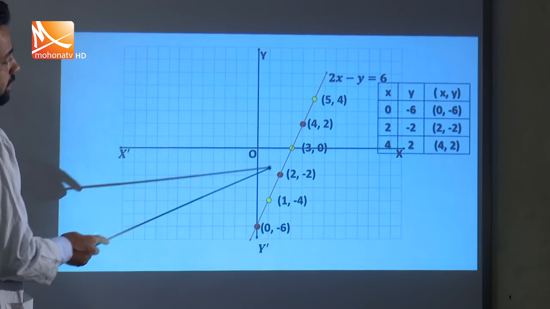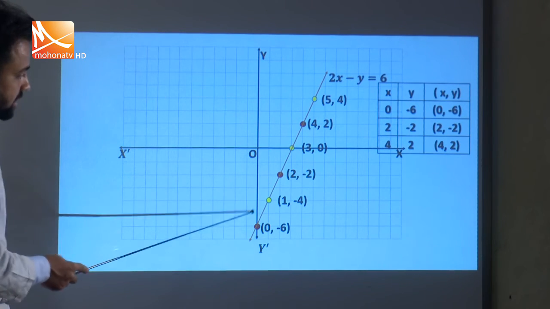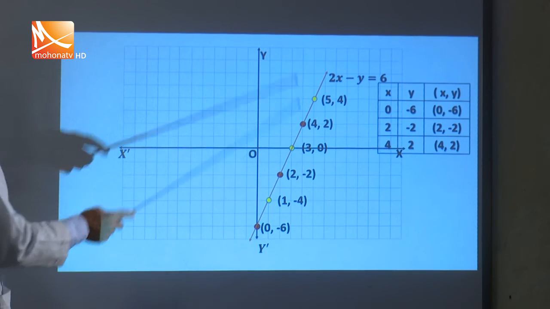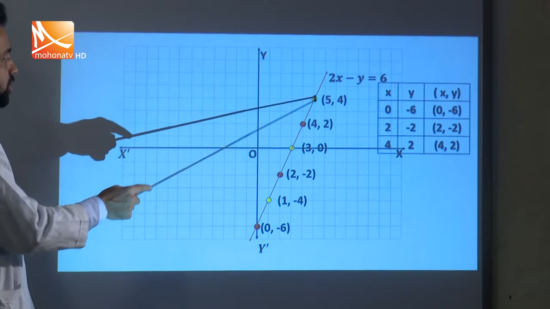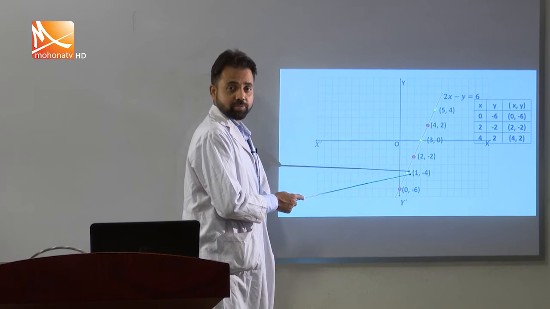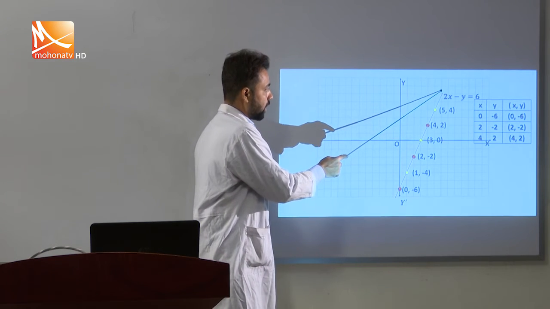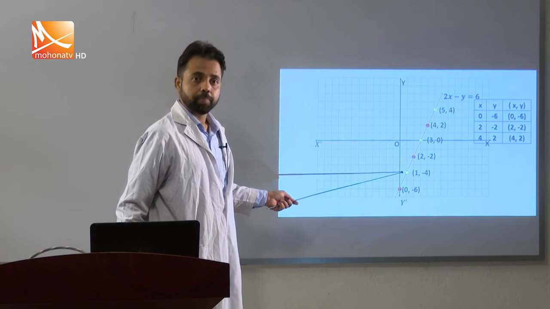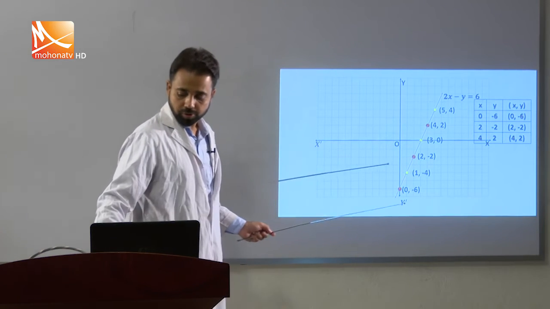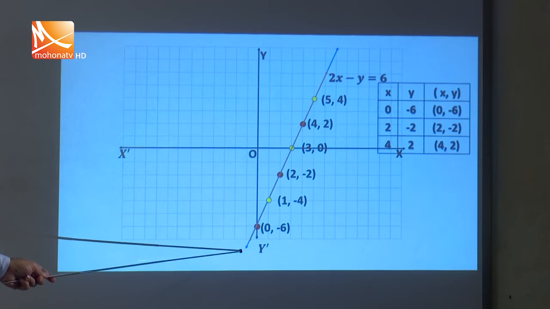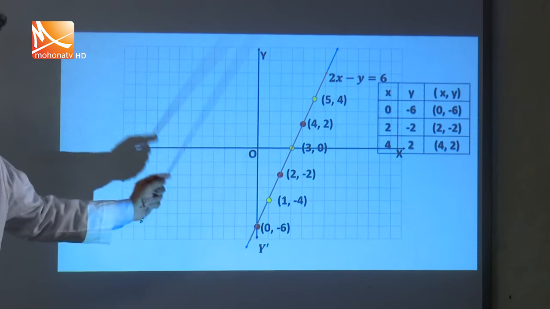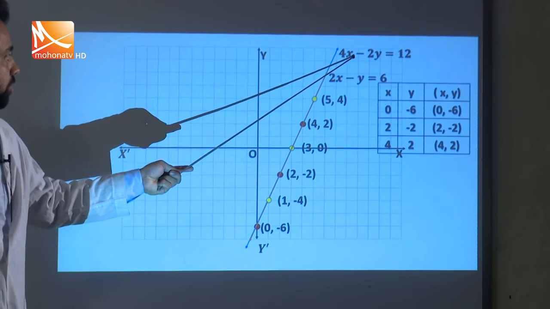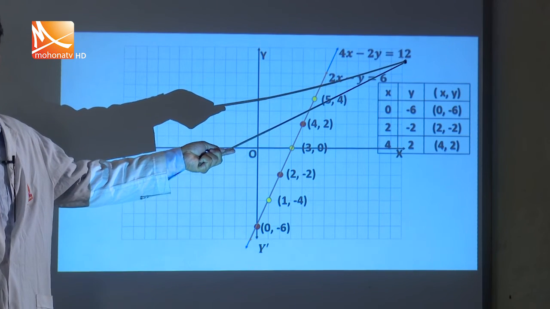If we plot the points of the second set, we will find the points also on the same straight line. These points are the points of the second set. Observe carefully, the points of the second set are also situated on the same straight line. If we connect the points of the second set, we will get this blue straight line, which goes on the same previous line. This is the equation 4x minus 2y equal to 12. The red straight line is the equation 2x minus y equal to 6, and the blue line is the equation 4x minus 2y equal to 12.